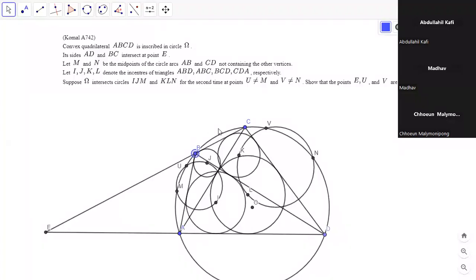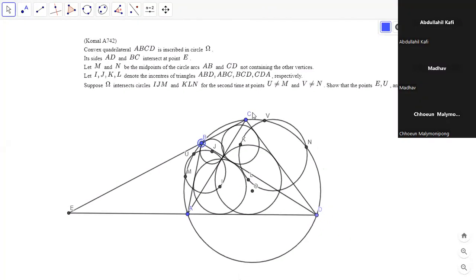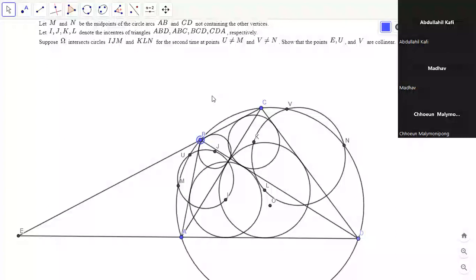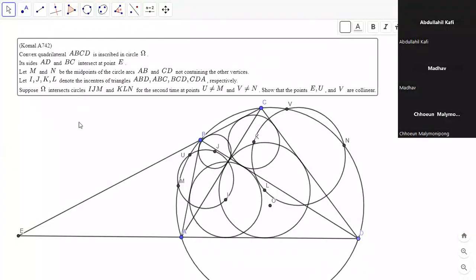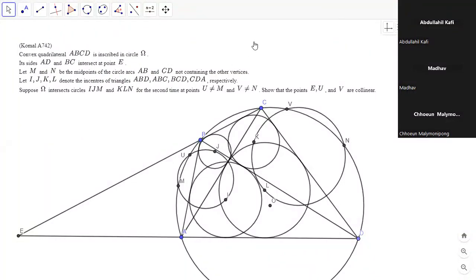All right. Let me check the chat. IJKL is a rectangle. Huh. Let's see, why is that true?